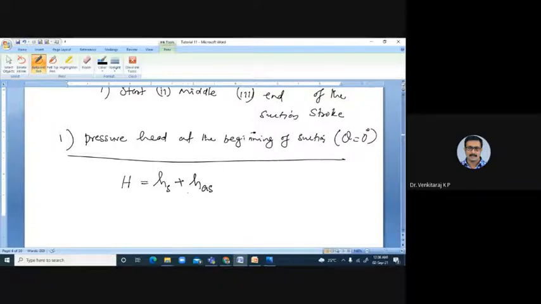For the beginning of the suction stroke, we have the suction head and the acceleration head.